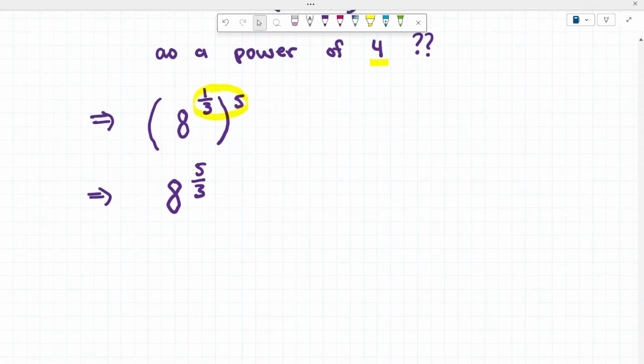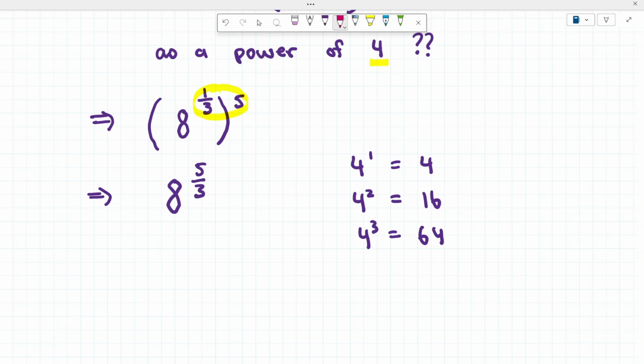So how can we write this as a power of 4? So my first thought was thinking about what is a common number that both 4 and 8 can multiply to. And not just multiply, but have a specific power. So what I mean by that is if we go through our list, we have 4 to the power of 1 equals 4, 4 to the power of 2 equals 16, 4 to the power of 3 equals 64.